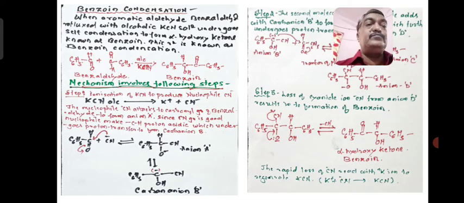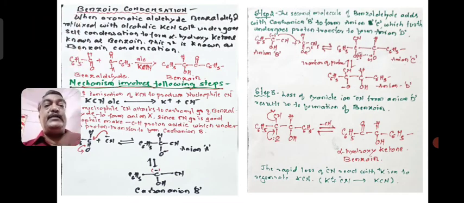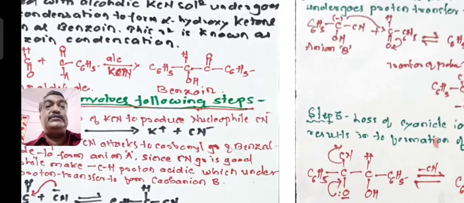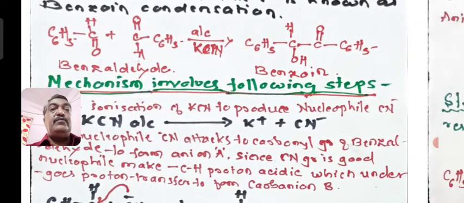Then now the similar kind of reaction is called the benzoin condensation. So what is benzoin condensation? When two molecules of benzaldehyde are allowed to react with alcoholic potassium cyanide, then the condensation between the two molecules, similar to the aldol condensation, gives benzoin.